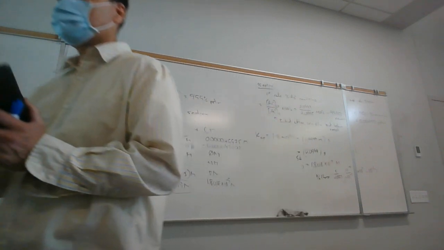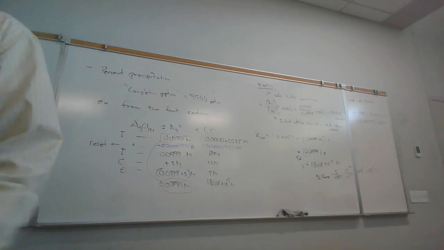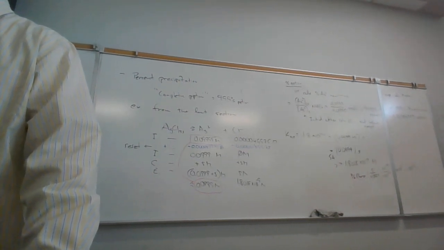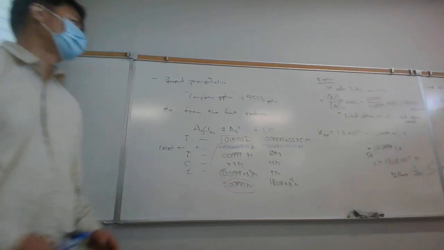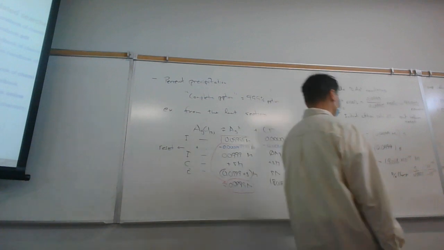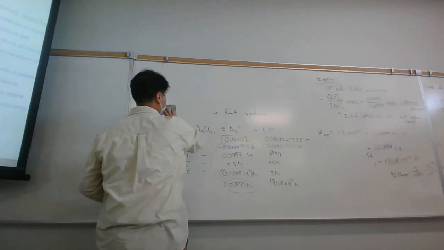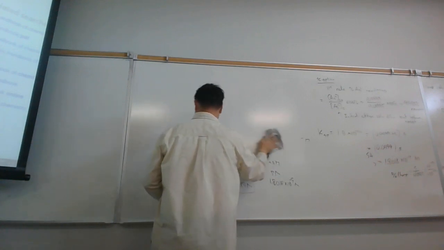So a challenge question might be like this: how many drops are required to precipitate out 99.9% of the silver there? I should have raised that. I need this concentration.